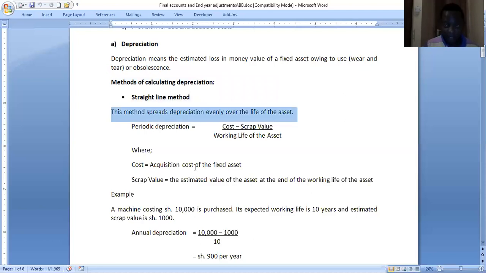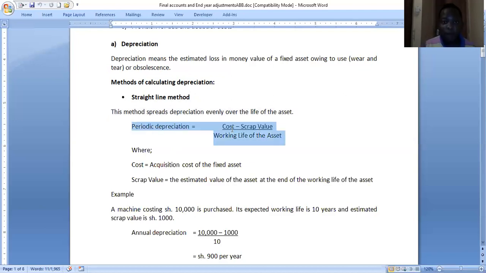And the method of calculating periodic depreciation, or the annual depreciation, is equal to the cost, that is the price at which that asset was acquired, less the scrap value, divided by the working life of the asset. The working life of the asset is usually quoted in the number of years the asset is expected to be held by the business.